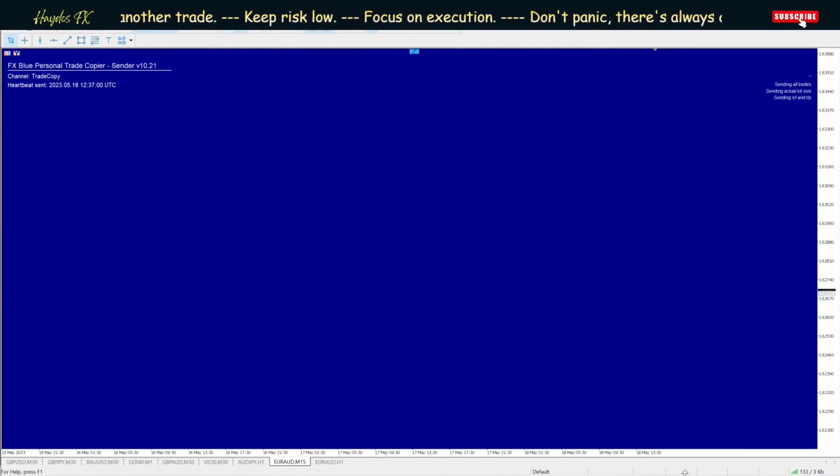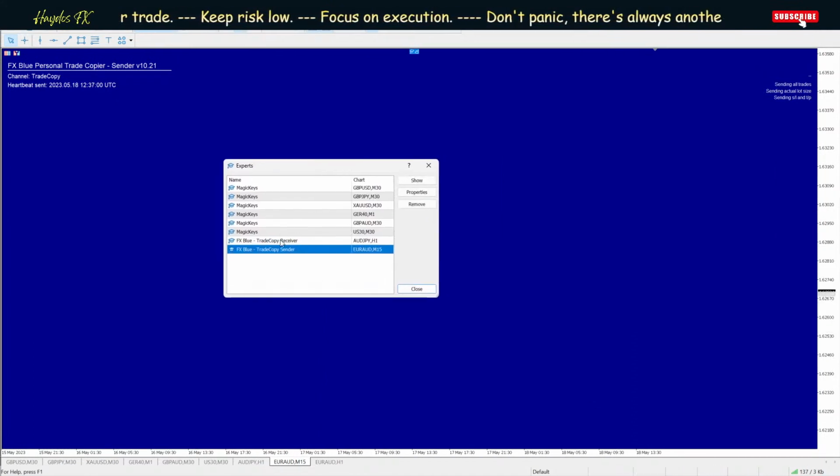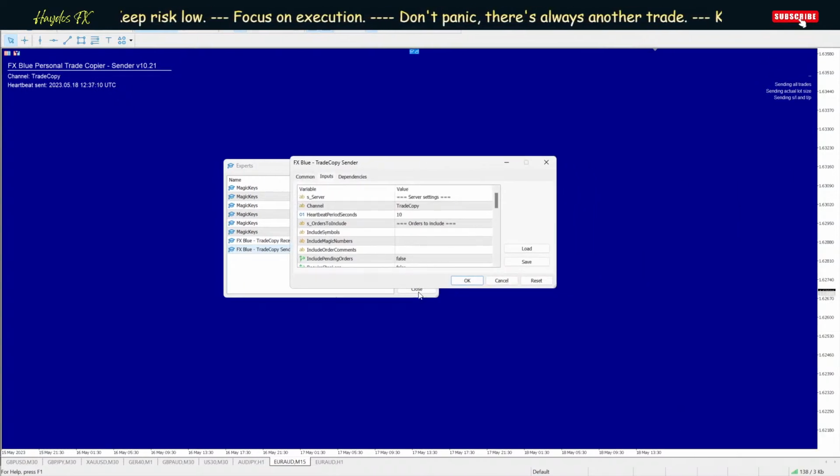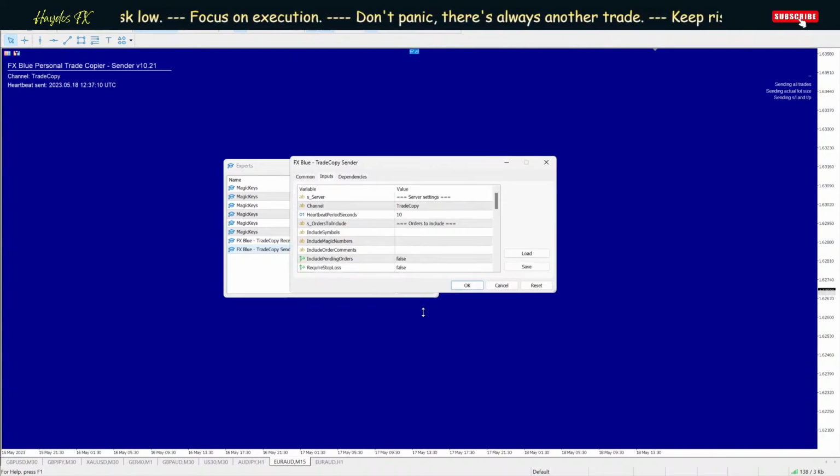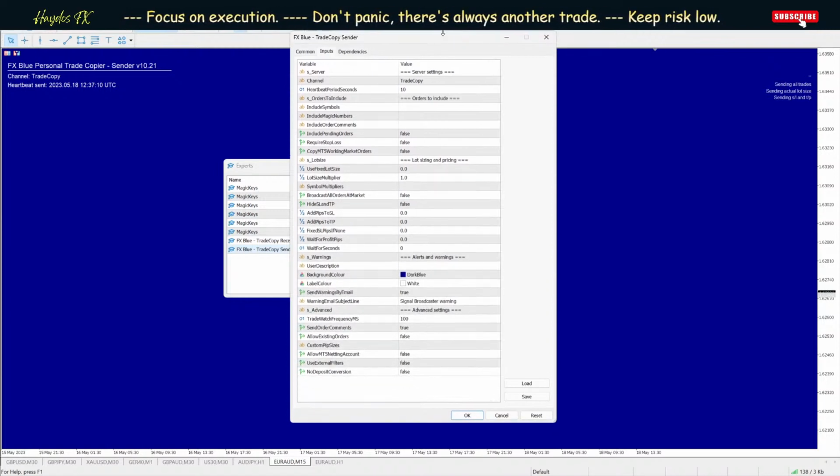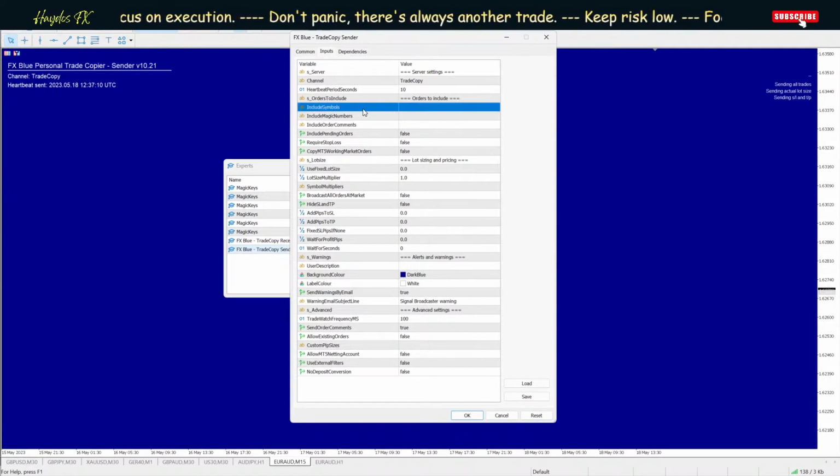Yep. So on the expert list, it doesn't have anything to add suffixes. No. So I'd have to see how it's coded. I won't know how it's coded at all.